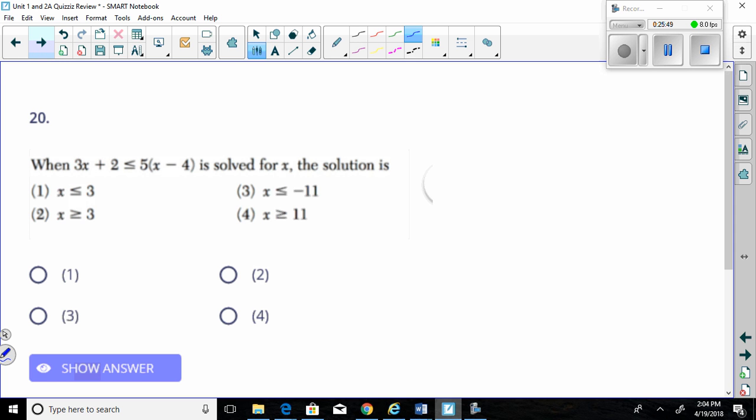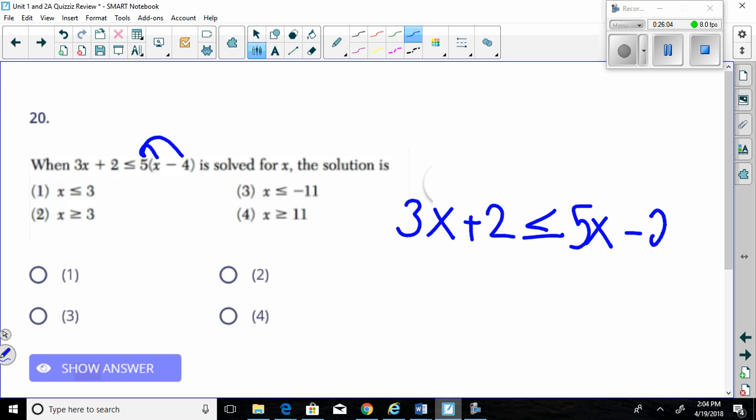Alright, I think this is the last, or do I have 2 more? Okay, so 3x plus 2, I don't need to do anything, so I'm going to rewrite it. Then I need to distribute 5. So what's 5 times x? 5x, and 5 times negative 4? What do I draw when I see an equal sign or inequality? So how do I get 3x on this side?